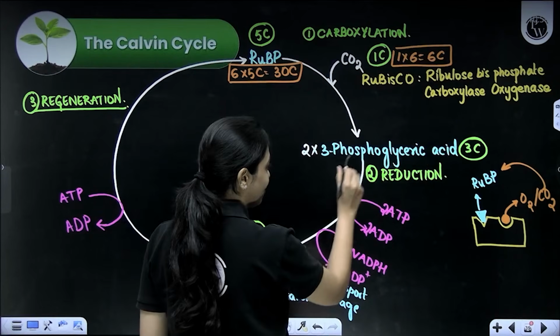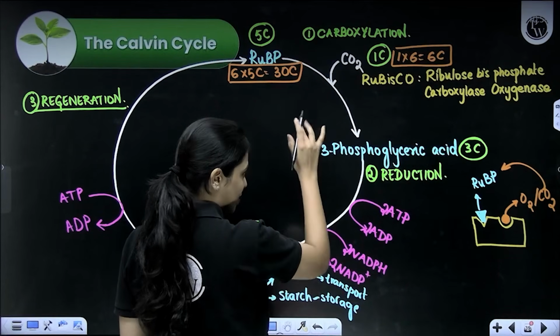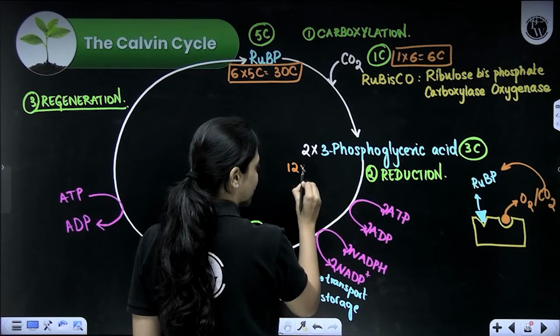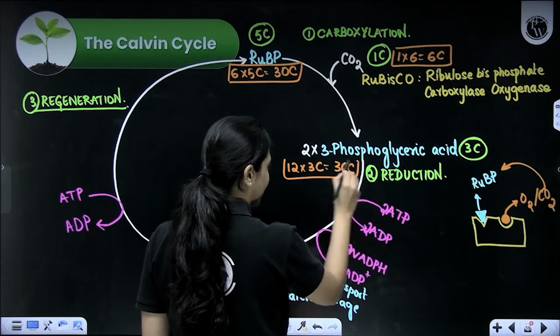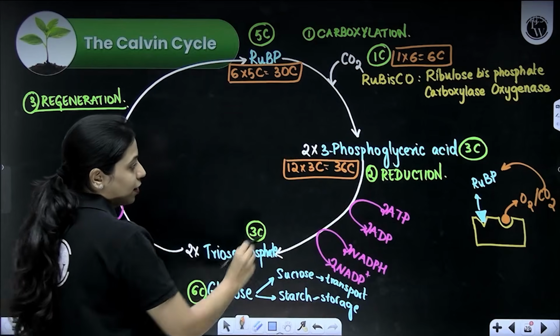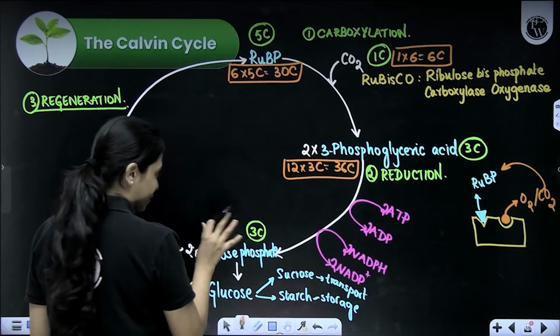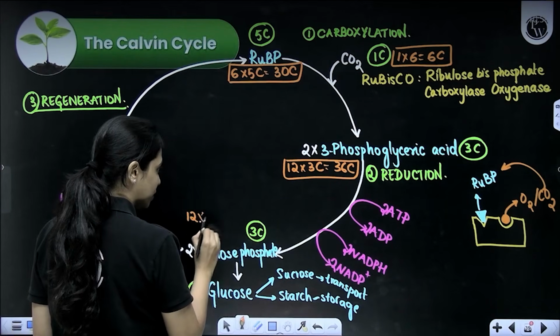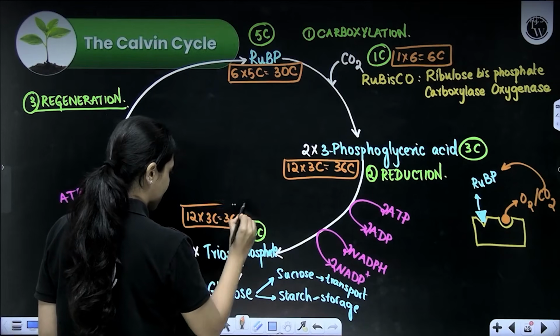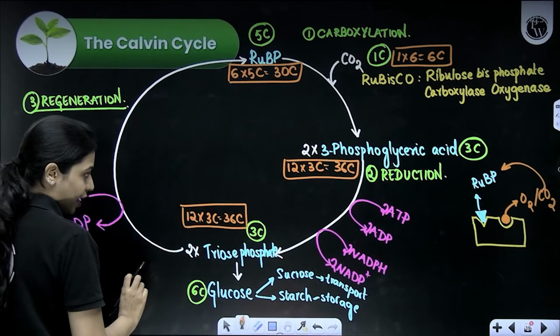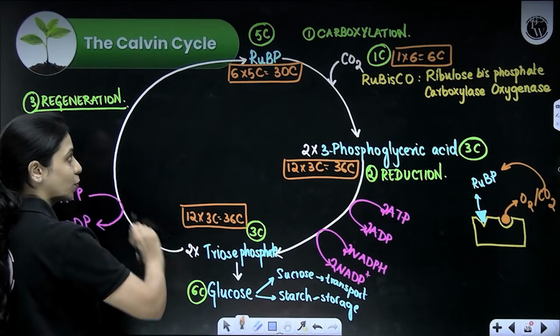Here you already have 2 molecules. So 6 times, that is 12 molecules of a 3 carbon compound will give us 36 carbon, right? You have 36 carbons here. These 36 carbons will remain 36 carbons here too. Of these 36 carbons, 30 carbons are withdrawn.